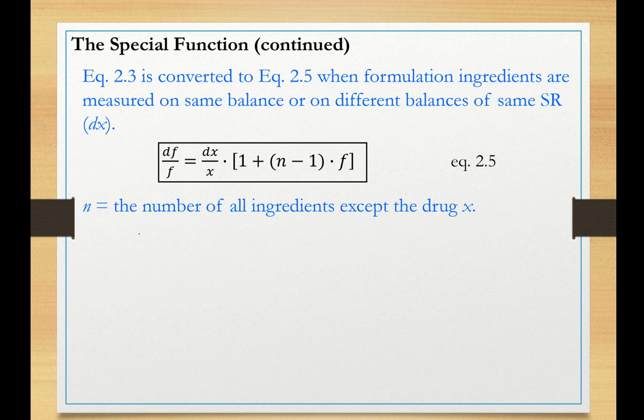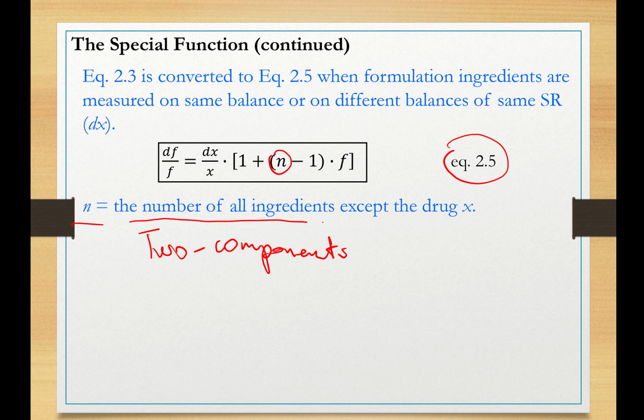Now for a two-component mixture, so if we only have two components, the drug and one excipient, equation 2.3 is reduced to equation 2.5. N here is the number of all ingredients except drug X. So for a two-component mixture, since we have the drug and only one excipient, N is equal to 1. So here we have 1 minus 1, which is 0.